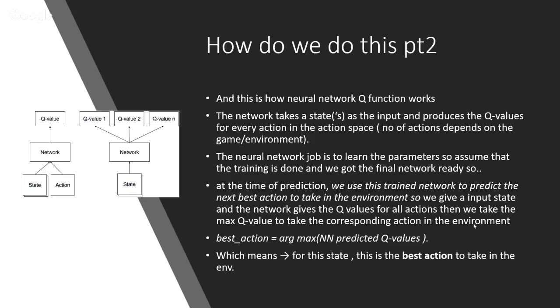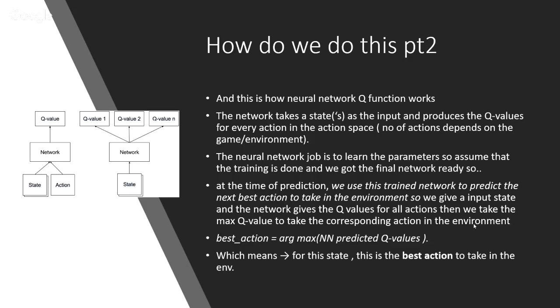At the time of prediction, we use the trained network to predict the next best action to take in the environment. So we give an input state, the network gives the Q values for all actions. Then we take the max Q value to take the corresponding action in the environment. So the best action is an argmax of the neural network Q values.